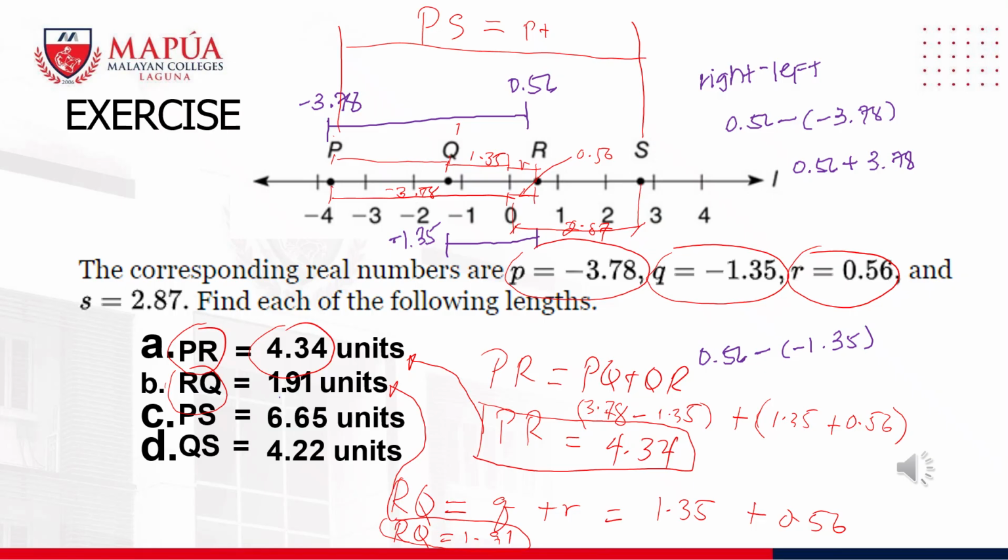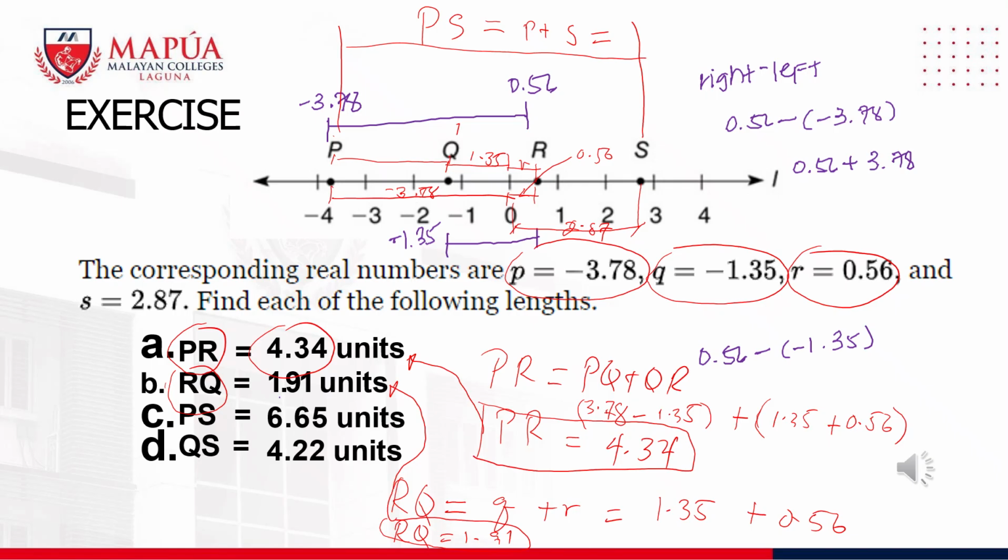Let me check if that is exactly right. Our P is 3.78, plus S is 2.87. Yes, it's correct.